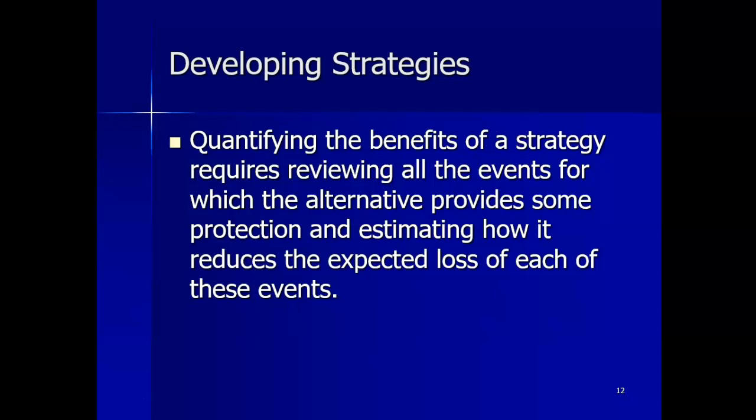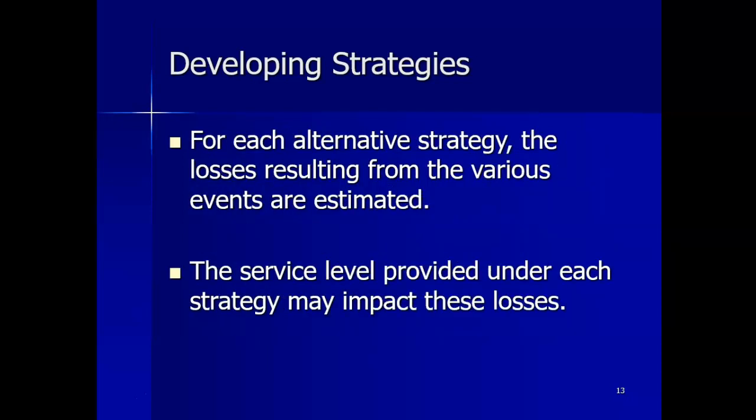Quantifying the benefits of a strategy requires reviewing all the events for which the alternative provides some protection and estimating how it reduces the expected loss of each of these events. And for each alternative strategy, the losses resulting from the various events are estimated.